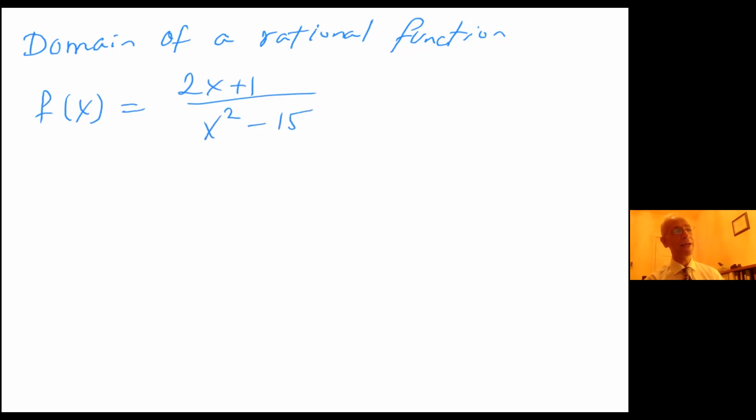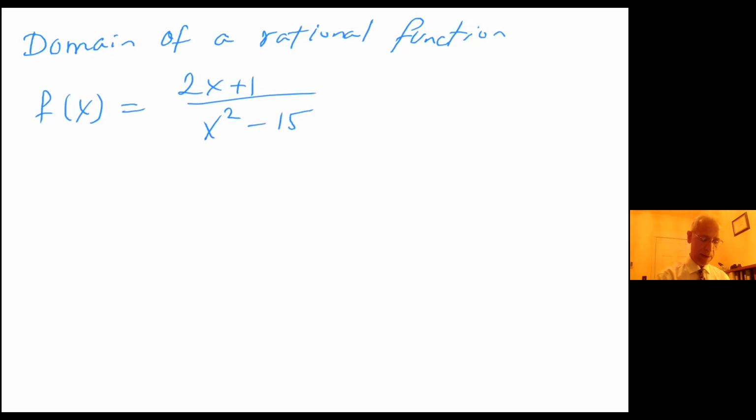Well, here we know that this denominator cannot be 0 because 2x plus 1 divided by 0 is not defined. So how do I know at what values the denominator is going to be 0? Two ways you can do this.